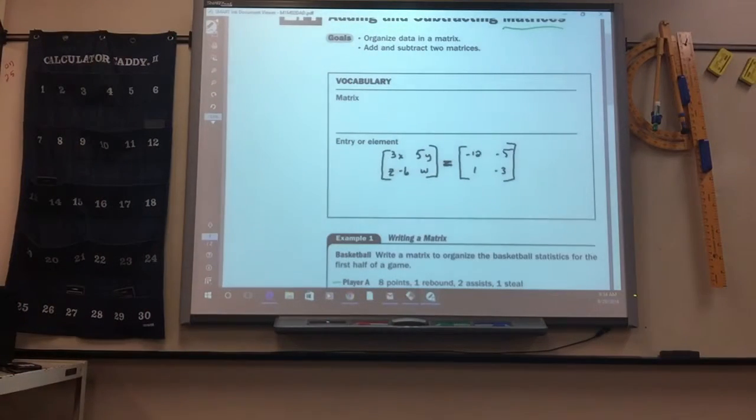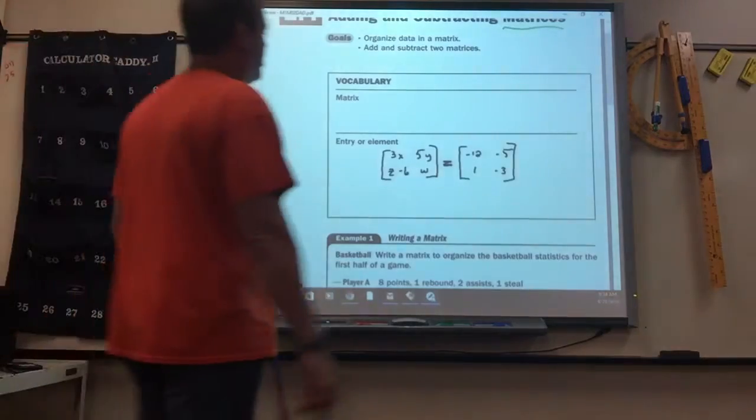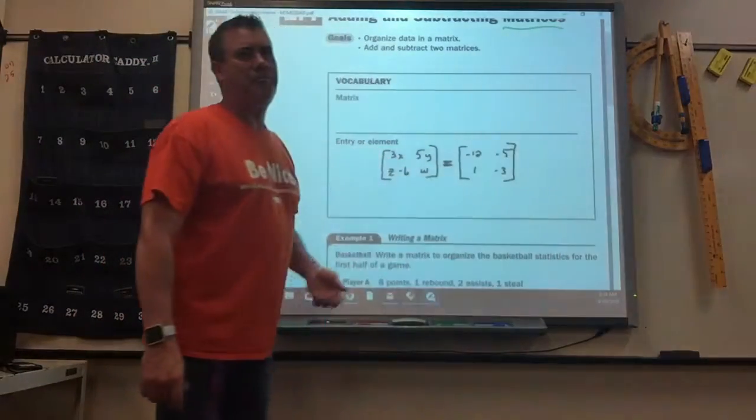Okay, here we have 2 matrices that are equal to each other.